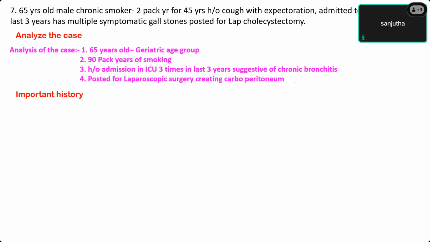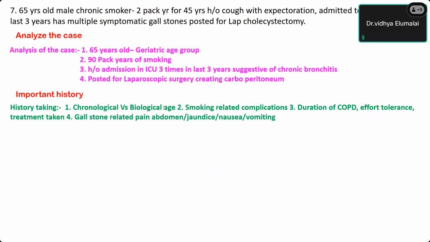About cough with expectoration, then history of breathlessness, any exacerbation, effort tolerance, medications the patient is on, evening rise in temperature, and effort tolerance. Again, the first point always, because it's a geriatric age group, is chronological versus biological age.